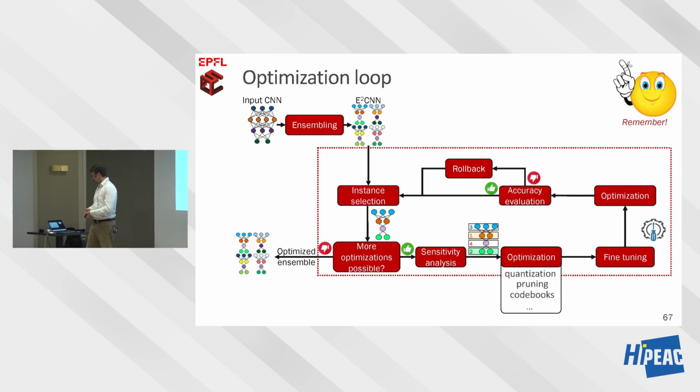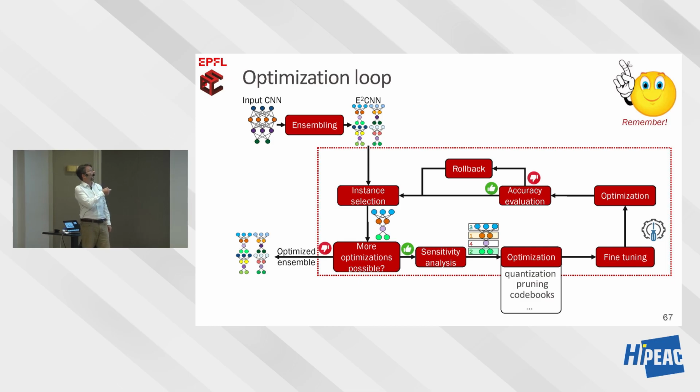So this points to a generic optimization loop in which we may have an input convolutional neural network, and this is pruned and replicated in order to have a multi-instance network.